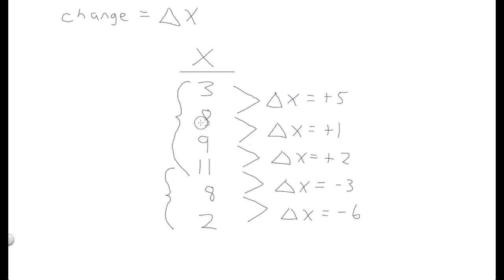So X is increasing here. The levels are increasing. Now, what would you say about the changes in that region? Are these changes positive or negative? Those are positive. That's right. These are positive changes.